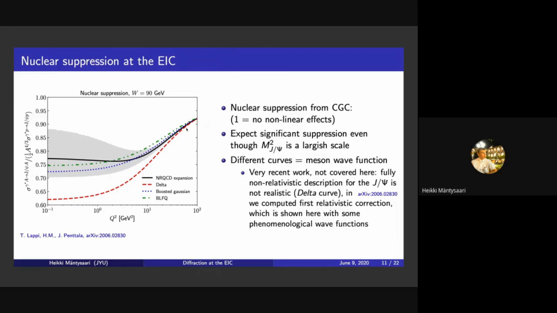But to some extent the overlap also reaches the 1 over Qs region in the case of a nuclear target, which then results in some suppression or some nonlinear effects in the cross section.